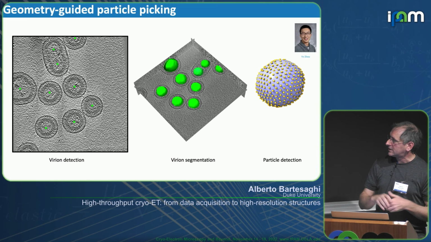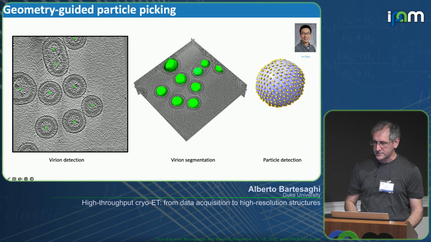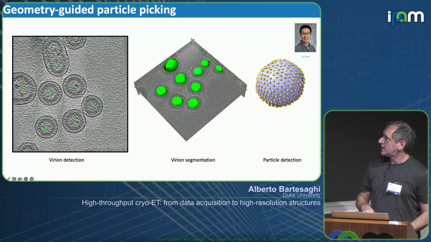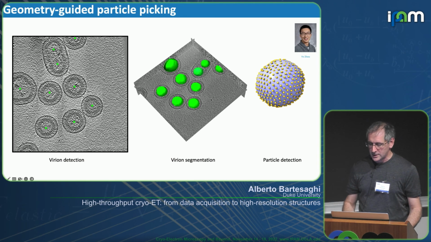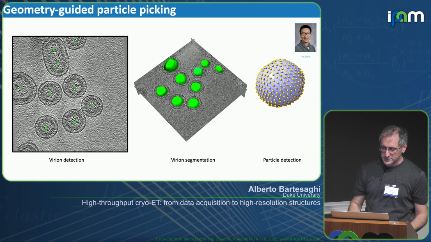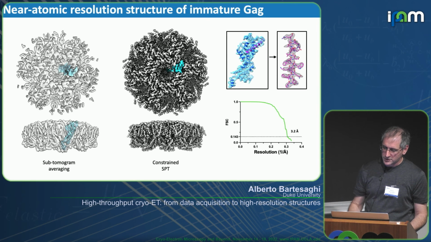Then on top of that surface, you can just drop markers that are equispaced, and that gives you your particles so you can feed into subvolume averaging.